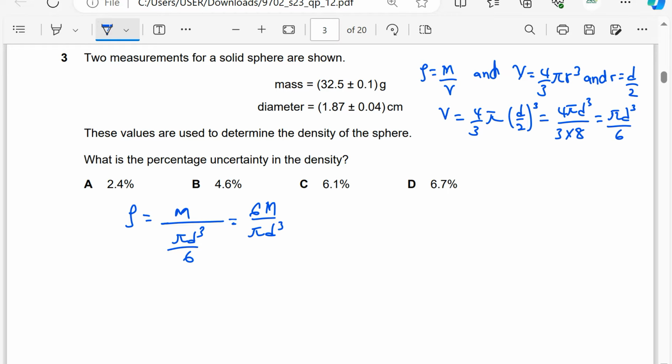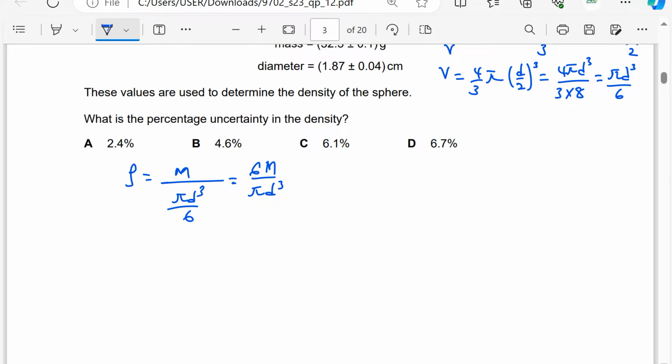So what is the percentage uncertainty in the density? Since there's division and there is a power, I will deal with the fractional uncertainties. So the fractional uncertainty in density is going to be equal to fractional uncertainty in m, I ignore the 6, plus, because d is raised to power 3, I will say 3 times the fractional uncertainty in d.